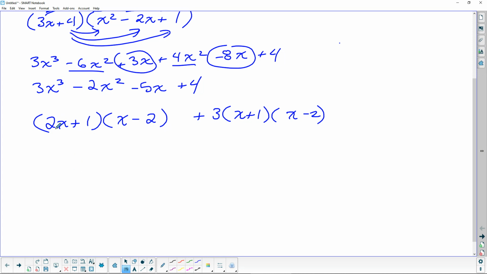So you can expand this one out with FOIL. So 2x squared minus 4x plus x minus 2 as we're going like this.